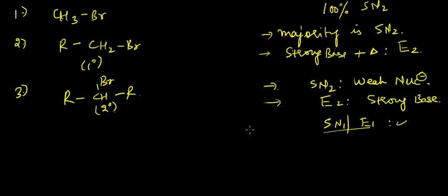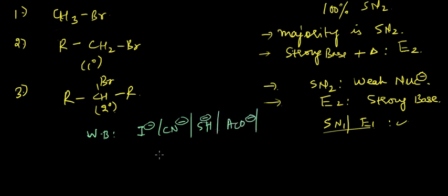So let's talk about weak bases first. We have weak bases like I minus, CN minus, all the counterparts of strong acids, SH minus, CH3COO minus, N3 minus, and aqueous KOH.